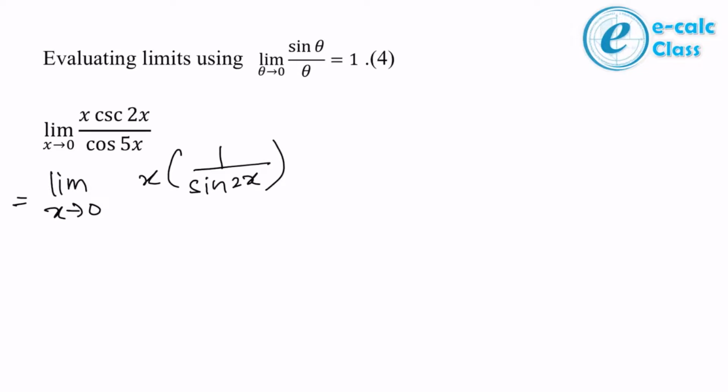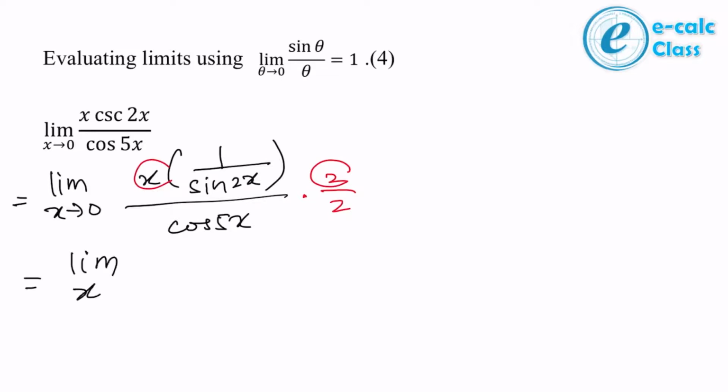Oh, very nice. Cos 5x. And you know what? I need a 2x, right? I just go ahead and multiply 2 and 2. This and that brought together is our 2x. So 2x over sine 2x over cos 5x. Then don't worry about the cos.